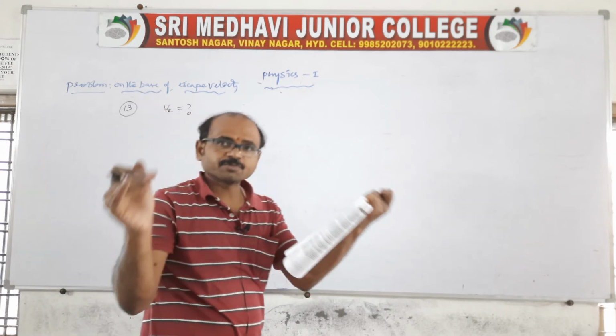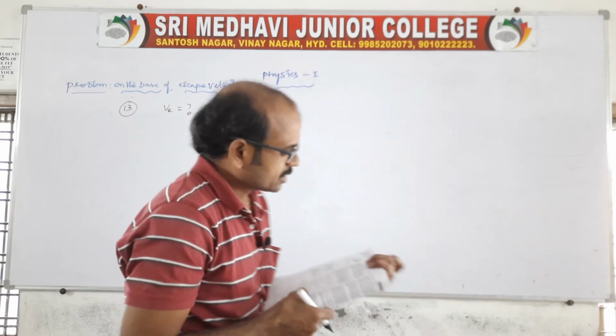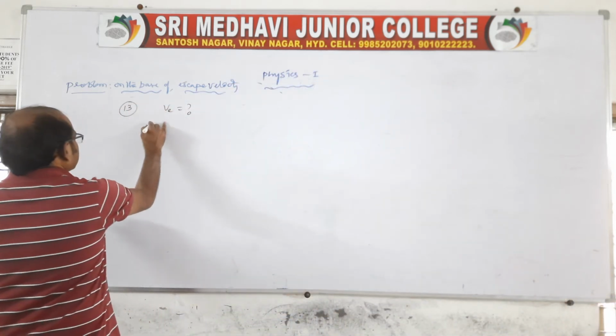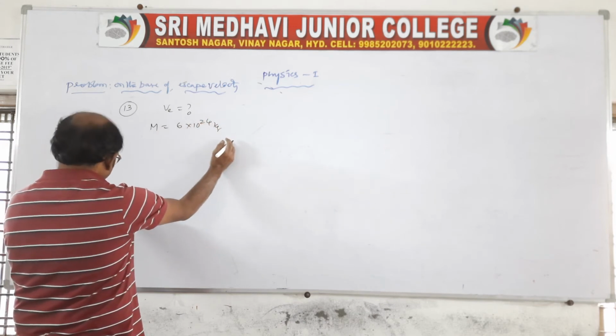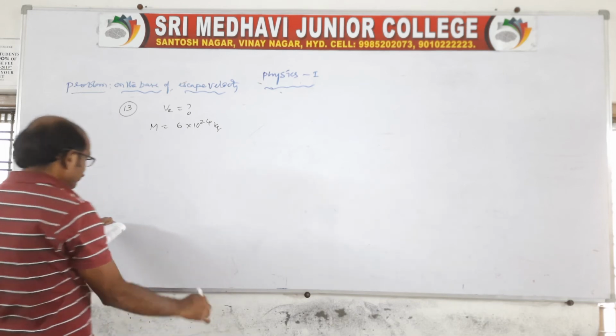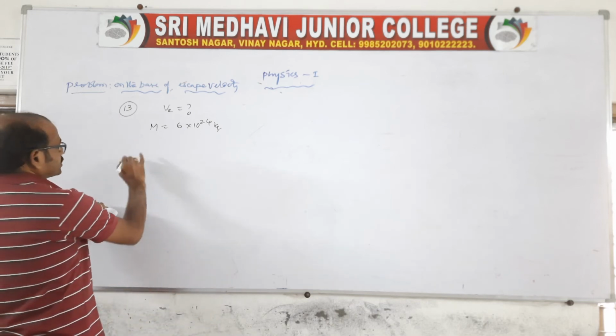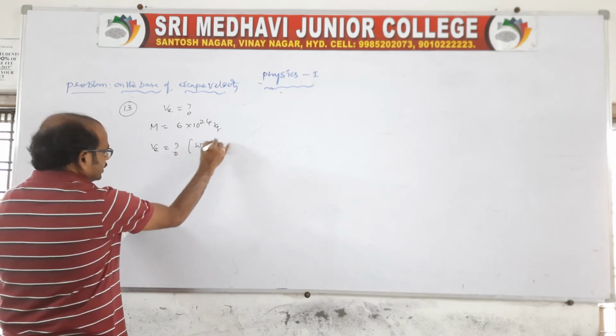We know the mass of the Earth is 6 × 10^24 kg. What would be the escape velocity if the Earth were made of wood?